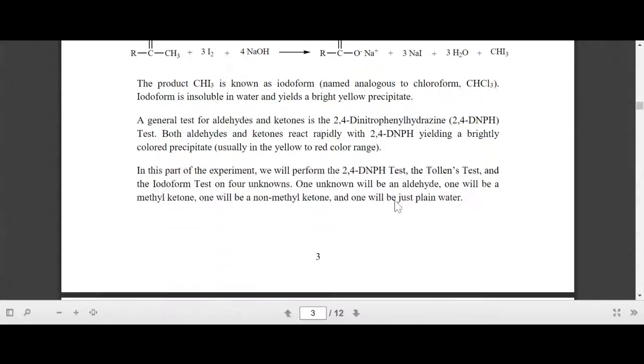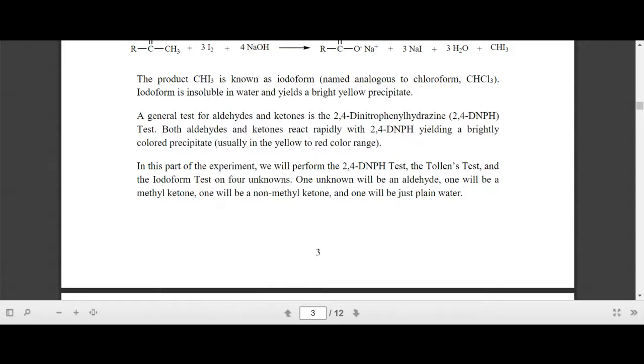Now, what is DNPH? DNPH is dinitrophenylhydrazine, another reagent. Even if you were in the lab, I wouldn't expect you to know the structural formula for this compound, as long as you know that 2,4-DNPH is a reagent that is going to give a yellow precipitate, in a yellow to red color range.